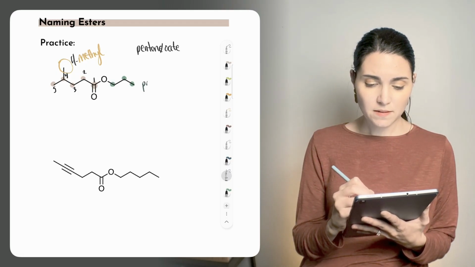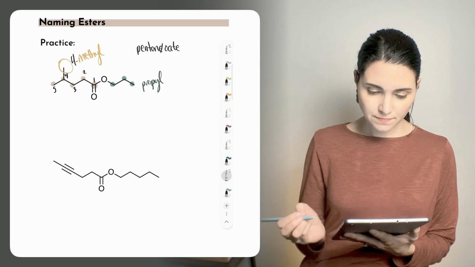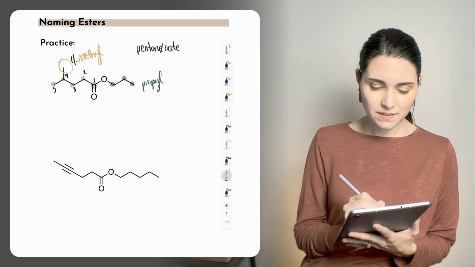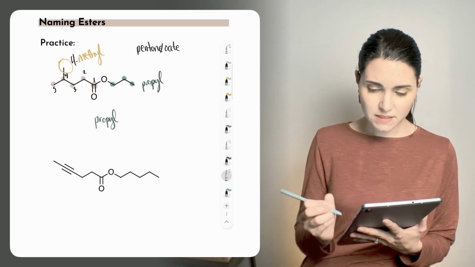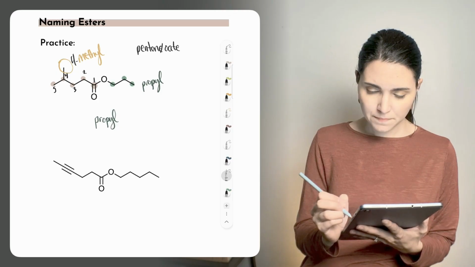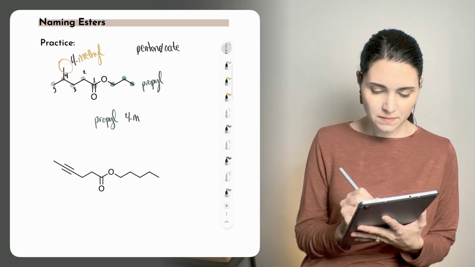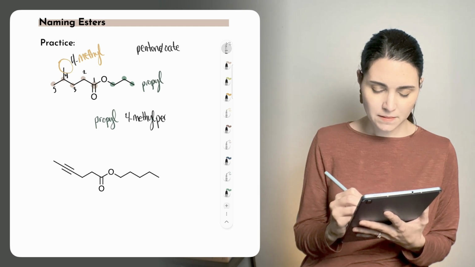So that is a propyl group. So the propyl goes in the very front with a space after it. So propyl space 4-methyl pentanoate.